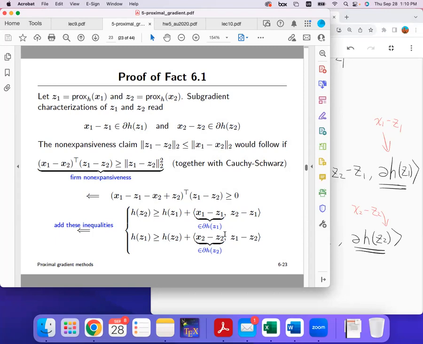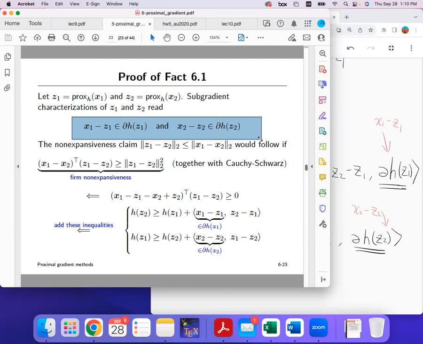To summarize, for these two inequalities, we utilize two things. One is convexity of H. We assume H is a convex function. The second thing is that we utilize this characterization of these proximal points. This is an equation that we will use many times.